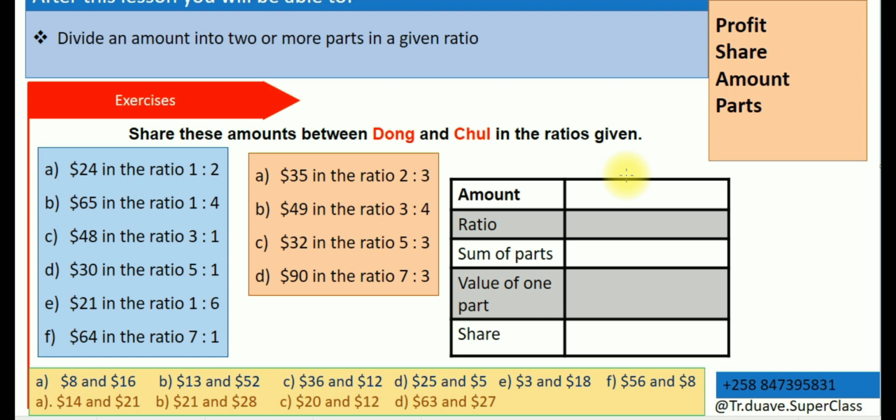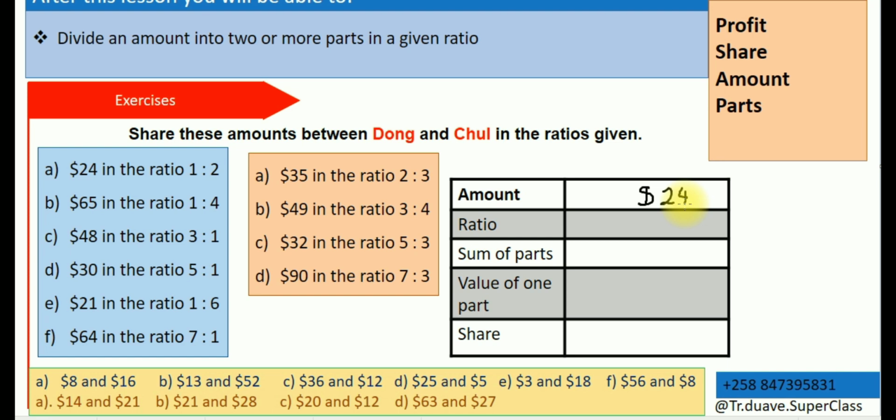Line A says $24 in the ratio 1 to 2. The amount is $24.